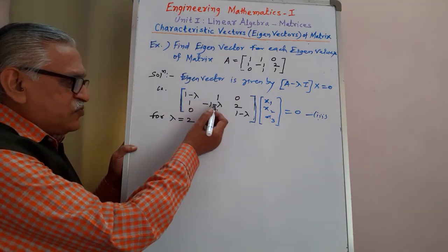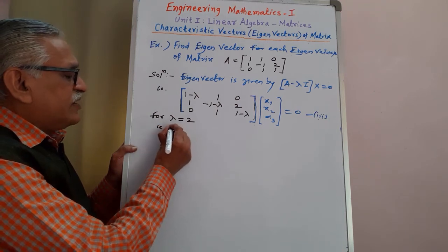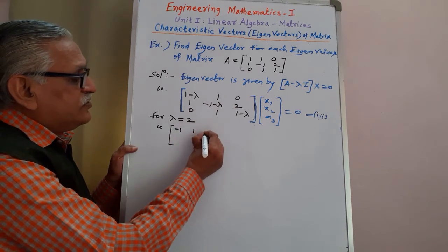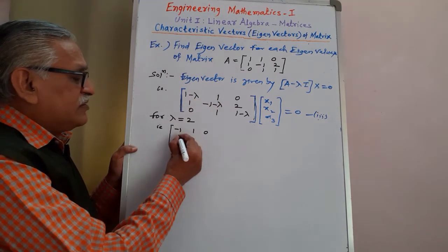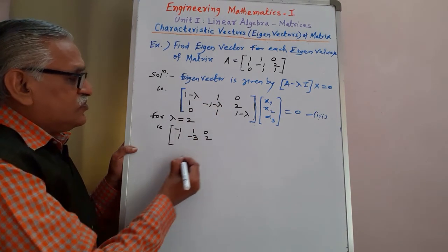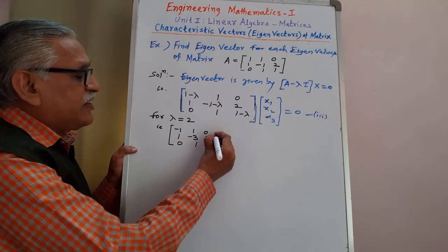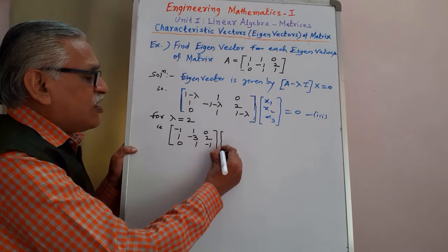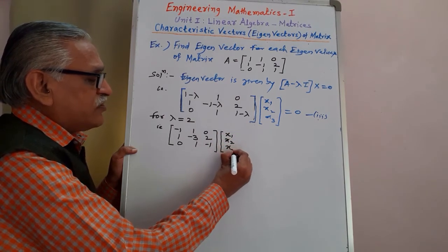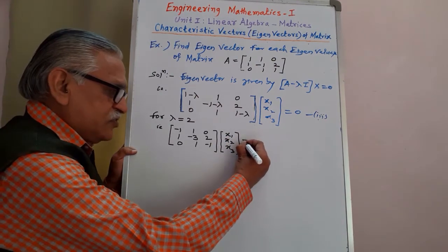Substituting that value of lambda as 2 in this equation 3, we have that matrix as: 1 minus 2, we get minus 1, 1, 0; 1, minus 1 minus 2 we get minus 3, 2; 0, 1, and 1 minus 2 we get minus 1. This is multiplied by the column vector of x1, x2, x3, and that equals the 0 matrix.